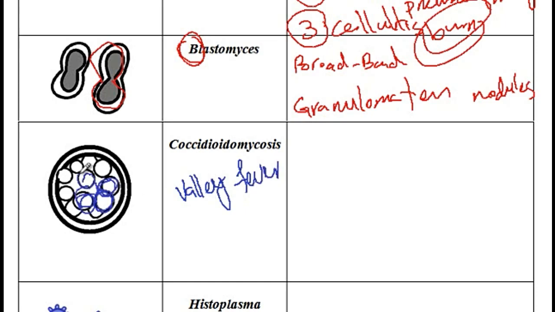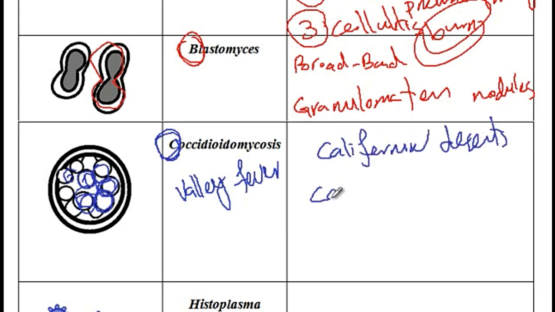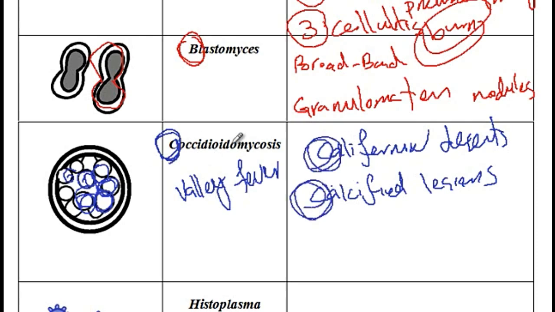The next infection is coccidioidomycosis, also known as valley fever, and it presents with spherules that are filled with endospores. And you can use the C as a mnemonic to know that coccidioidomycosis is found in California deserts and is associated with the formation of calcified lesions. So C goes for coccidioidomycosis.